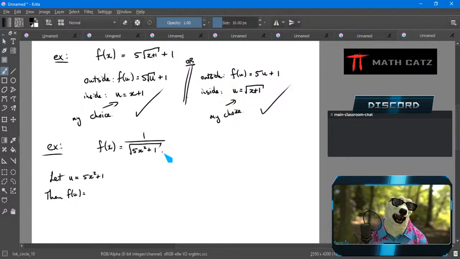I don't have a choice. I can choose the inside function, which is an easier one to start with, I feel. Starting with the outside function, that never goes well. Once I've chosen one of them, for example, the inside function, the other one is set. I don't have any flexibility anymore. And the outside function would then be 1 over square root of u.